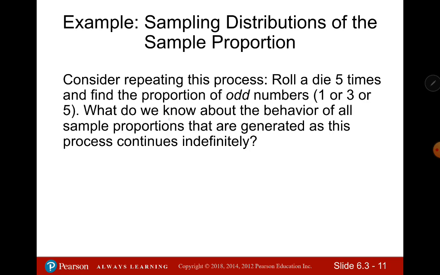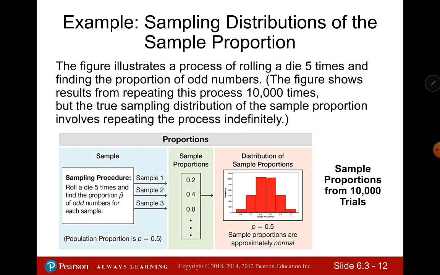Then we want to know the behavior of all the sample proportions if this process continues indefinitely. So we can check this graph. Let's say, for example, we roll a die 5 times.